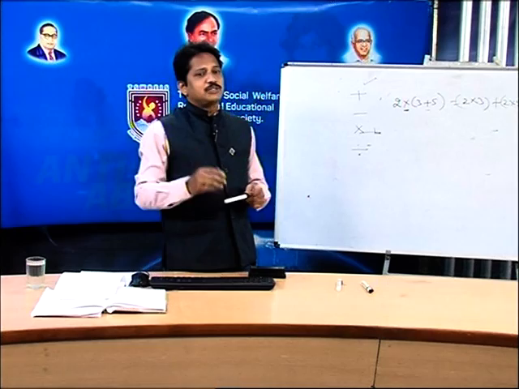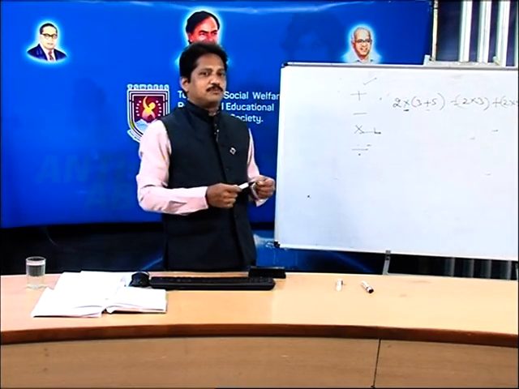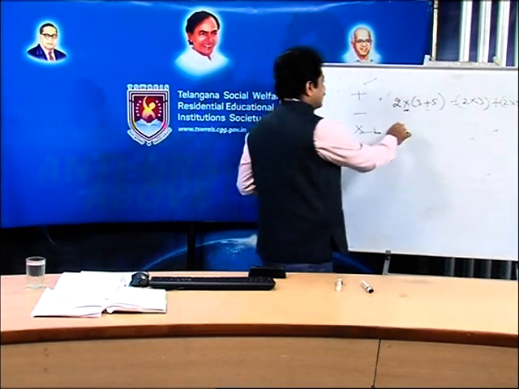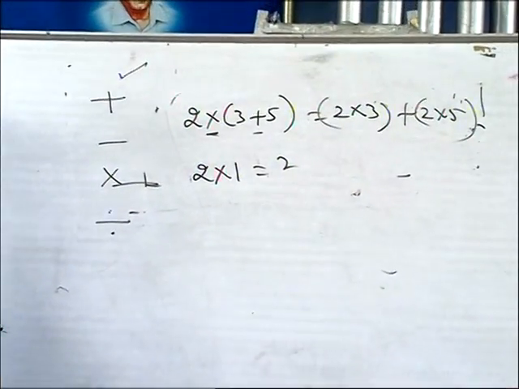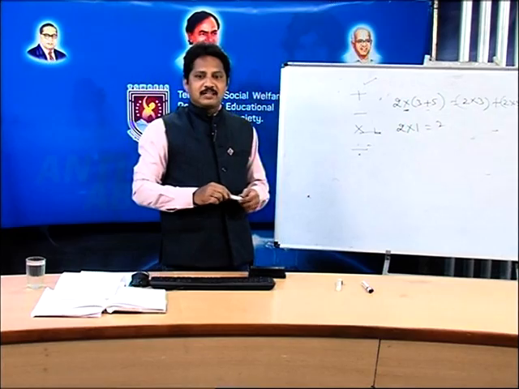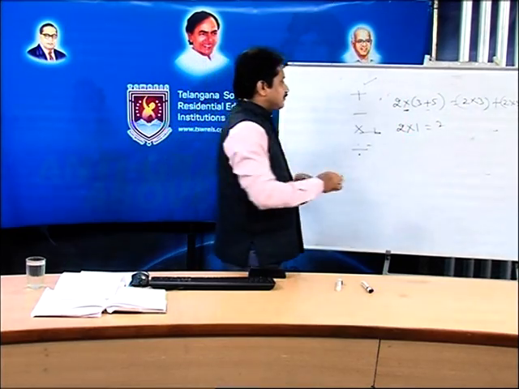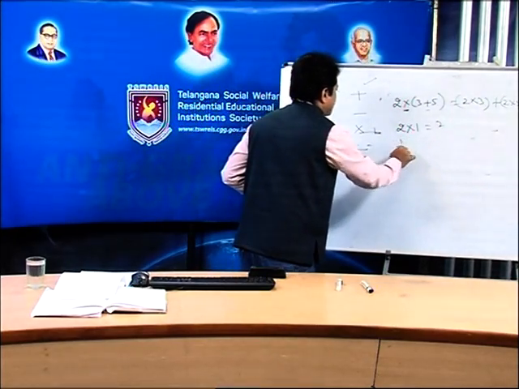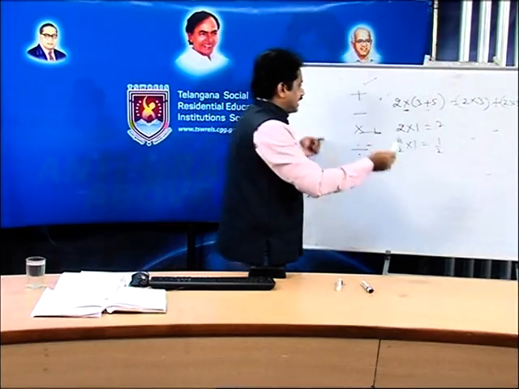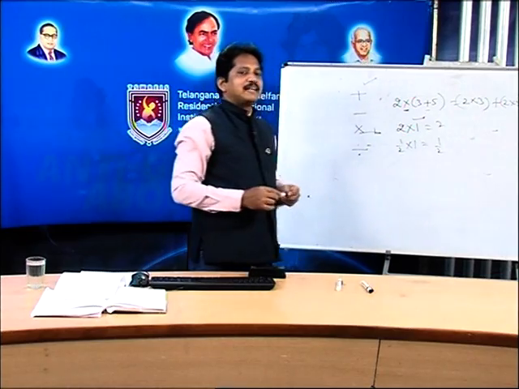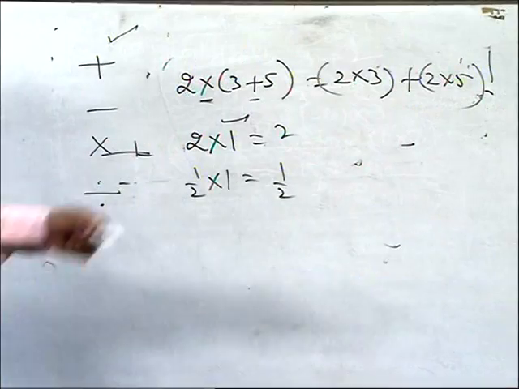Now, for multiplicative: when you multiply any number by 1, you get the same number. If you take 1 by 2 of 1, it is 1 by 2. Clear? When you multiply any number by 1, you get the same number.